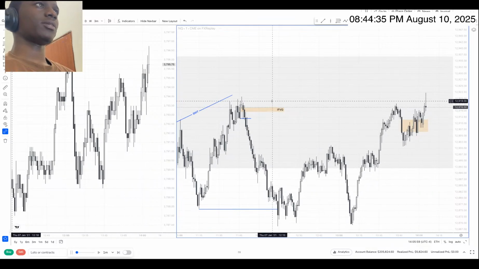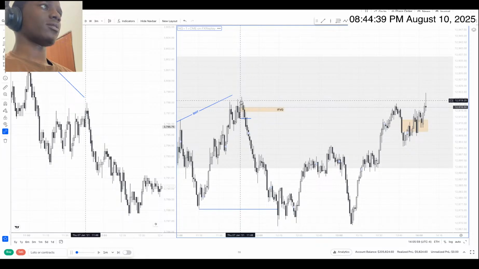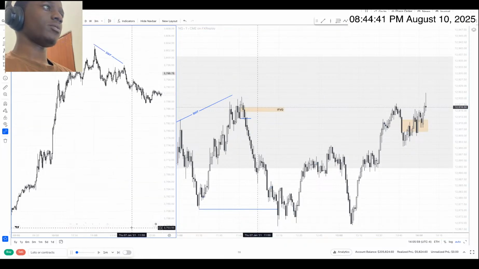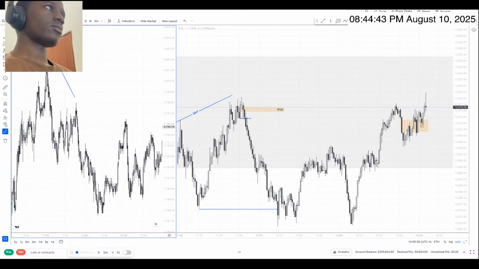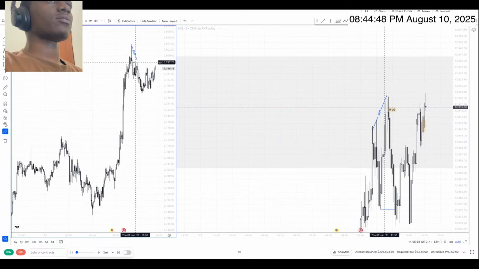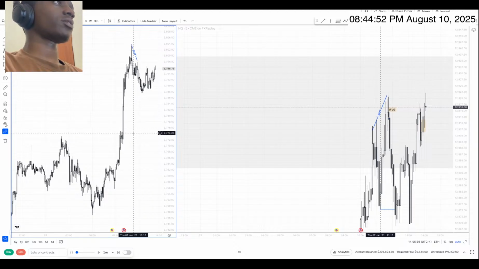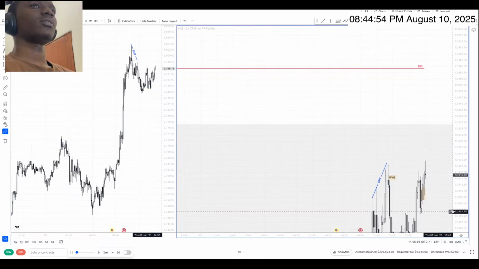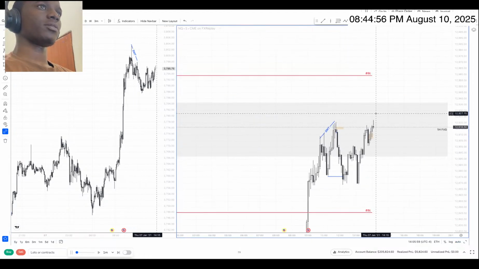And we end up taking out this high and this high here, which means the 5, there's this high here, there's this one here as well, which isn't taken out. So price is kind of in a buy model here.